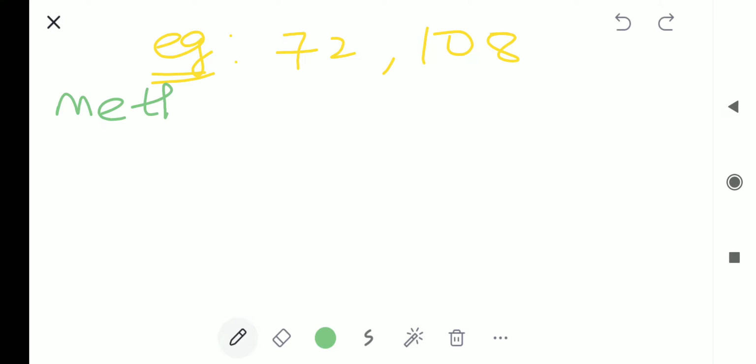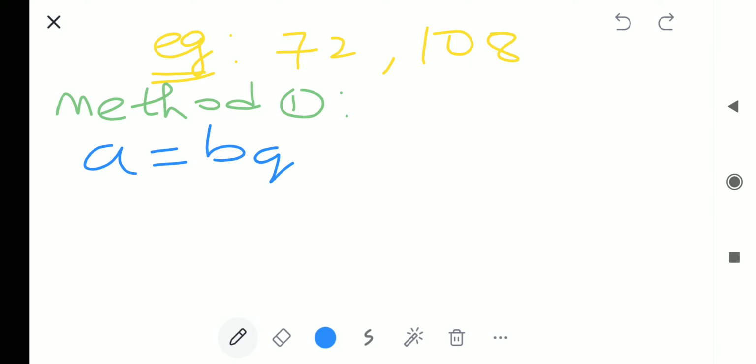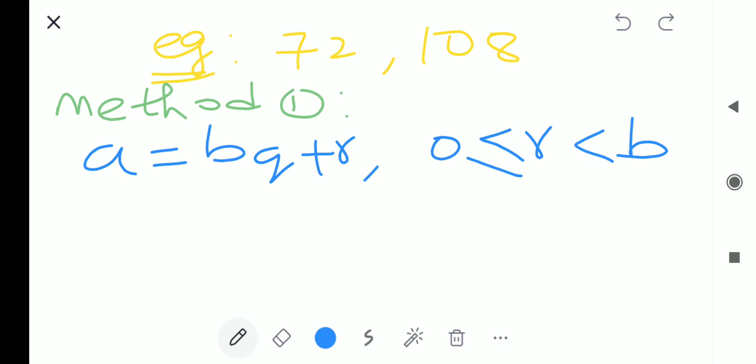First of all, let me explain method 1. Method 1 is Euclid's lemma. You know that Euclid's lemma means A is equal to BQ plus R, where 0 is less than or equal to R, less than B. In this, A is dividend, B is divisor, Q is quotient, and R is remainder.